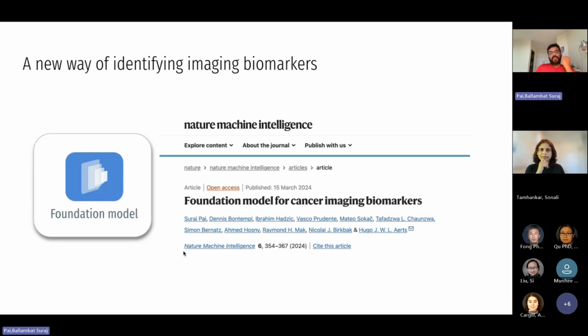So we thought, is there a new way of doing these imaging biomarkers? When we started the study, foundation models had already started becoming popular, where you do large scale self-supervised pre-training.